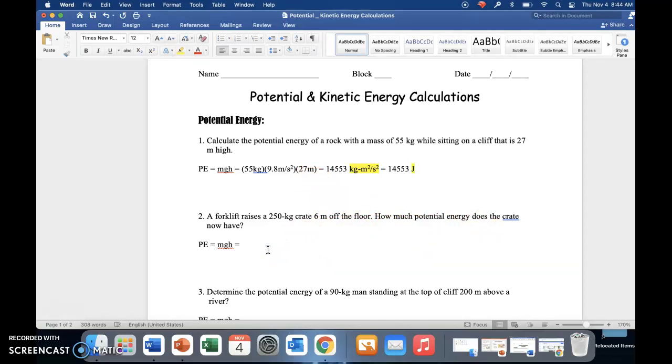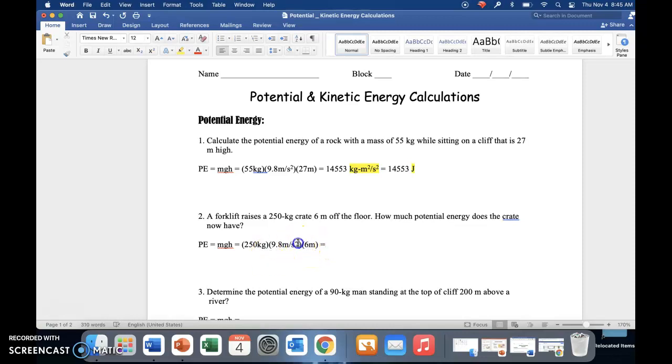This time we're using a forklift to raise a 250 kilogram crate. So we've got 250 kilograms. Again, that acceleration due to gravity always stays the same, 9.8 meters per second squared. And this time we're only going 6 meters.